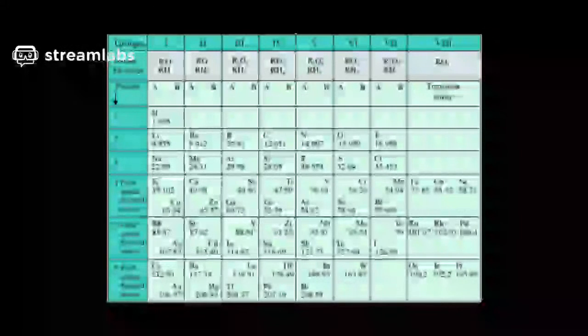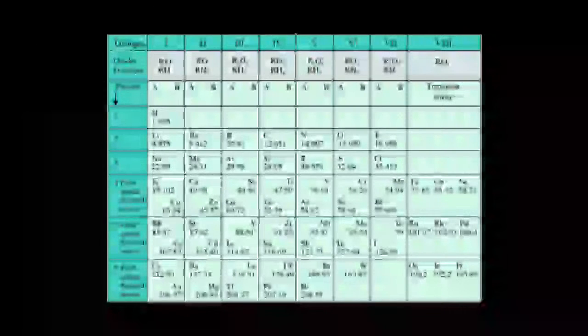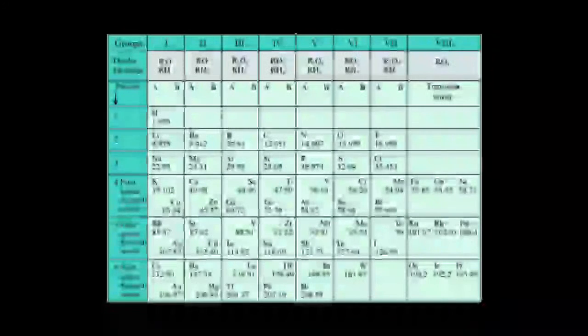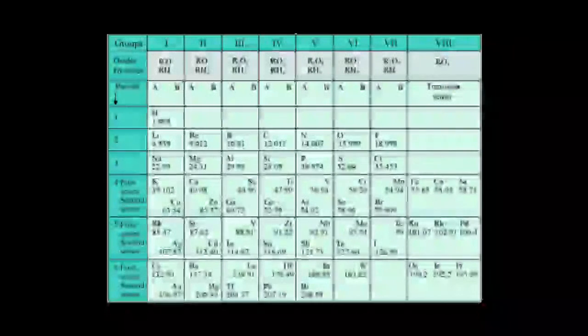Now you count the vertical columns. How many columns are there? Count it. Later I'll ask the question on this. 1, 2, 3, 4, 5, 6, 7, 8. 8 vertical columns are there.